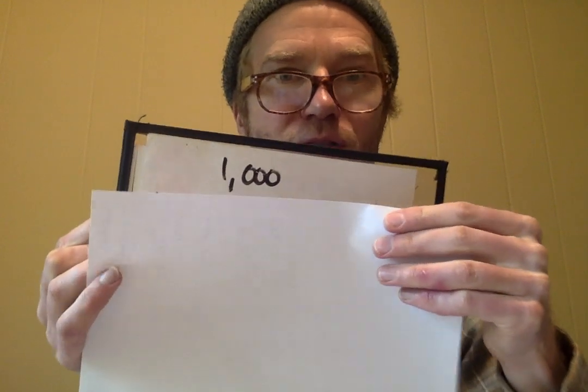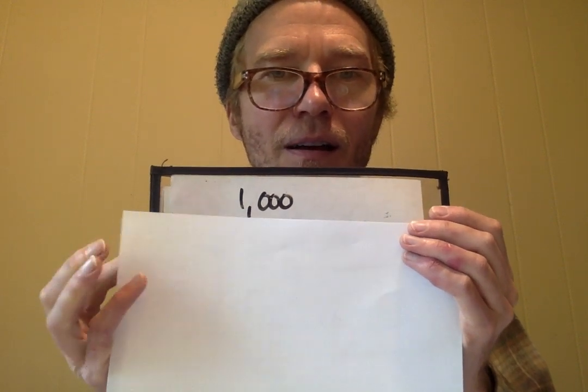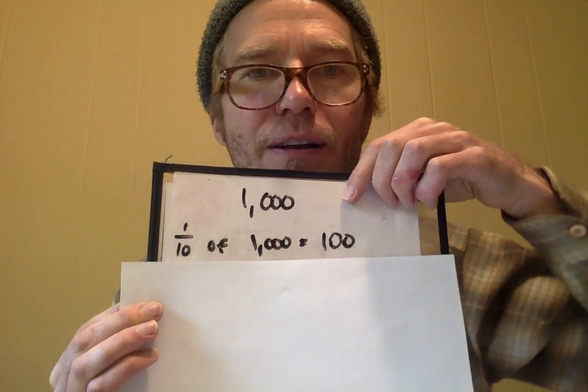So let's look at something like this. If you see a number like this, say 1,000. What's 1/10 of 1,000? Well, it'd be like if you just erased one of those zeros. What number do you have there? 1/10 of 1,000 is 100.